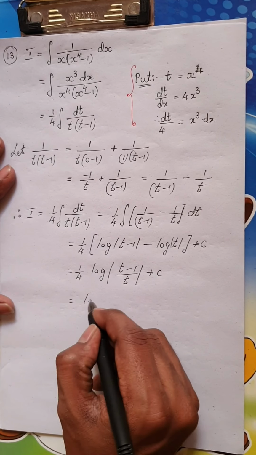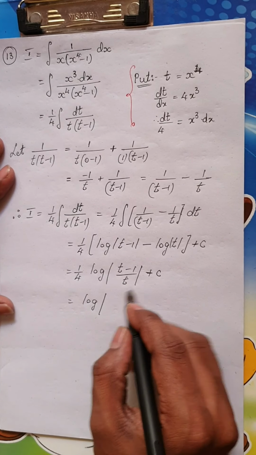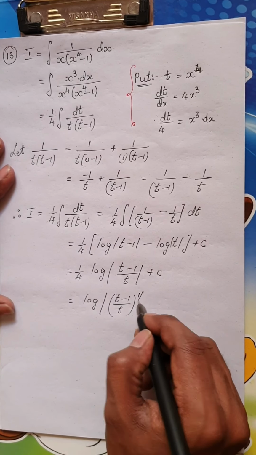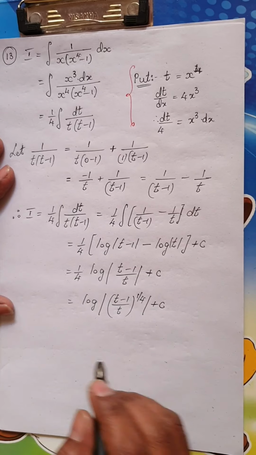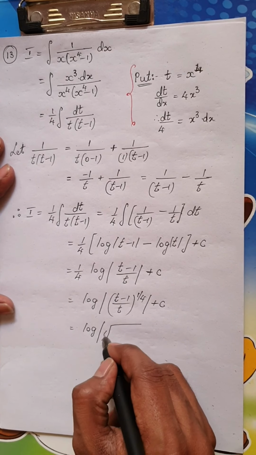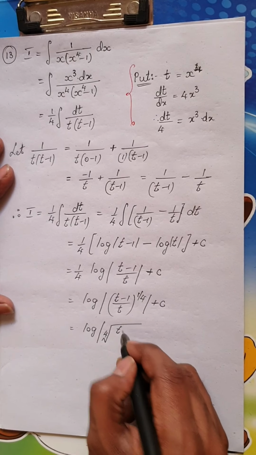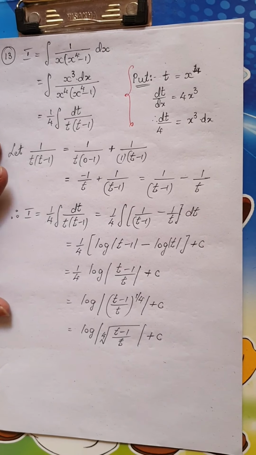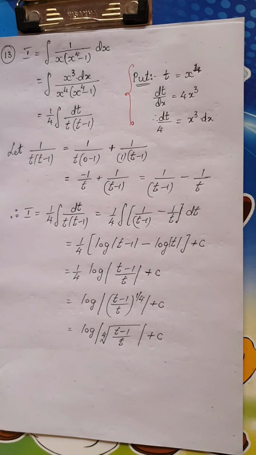So this can be written as log of mod, remember this can be taken as t minus 1 divided by t whole power 1 by 4 plus c. So this is nothing but log of mod, as we know it is 4th root of t minus 1 divided by t plus c, which is the constant of integration. Okay.